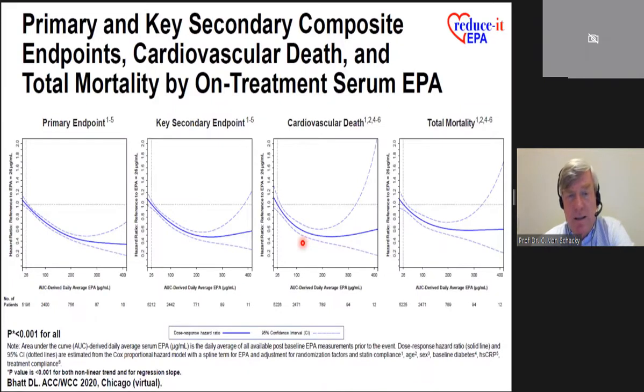This trial was then evaluated again from the perspective of the serum levels measured. And as you can see here, mid-high levels reduced clinical events. That's true for primary endpoint, that's true for secondary endpoints, that's true for cardiovascular death, for total mortality, and so on.